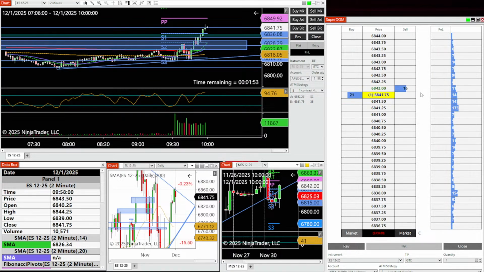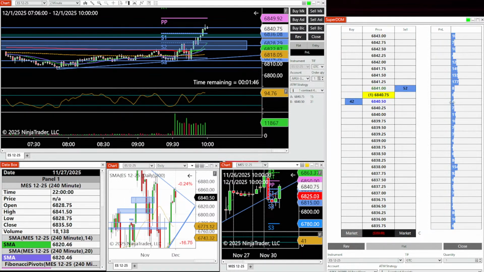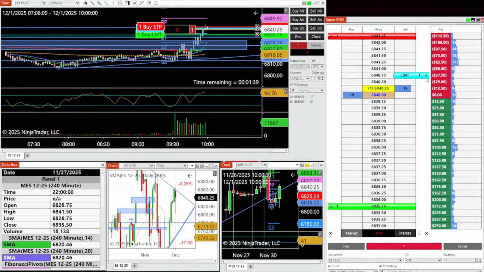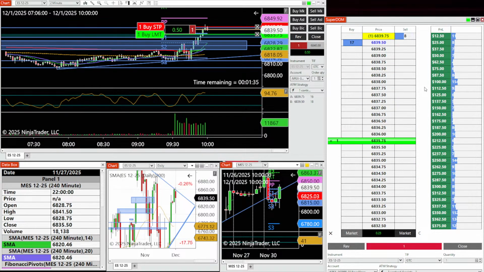Yeah, trying to short the front end. I should just wait for the back end. Now it looks like it may go. May get something here now.